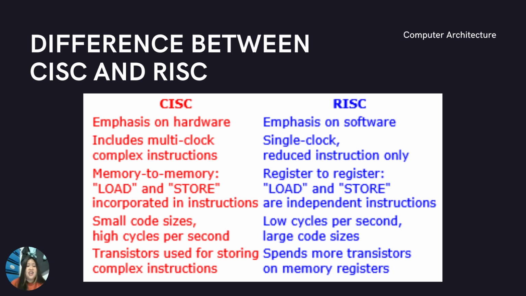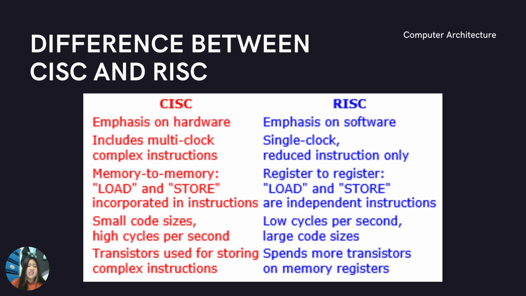And next for the CISC is memory to memory, load and store. And for the RISC is register to register, load and store. Next for the CISC is incorporated in instruction. And RISC is R-independent instructions.